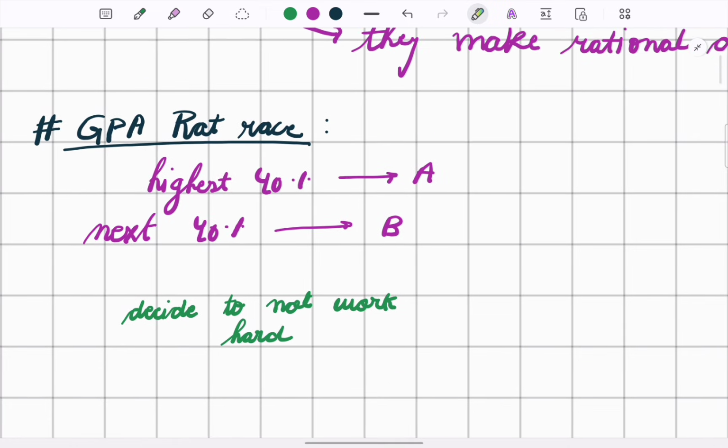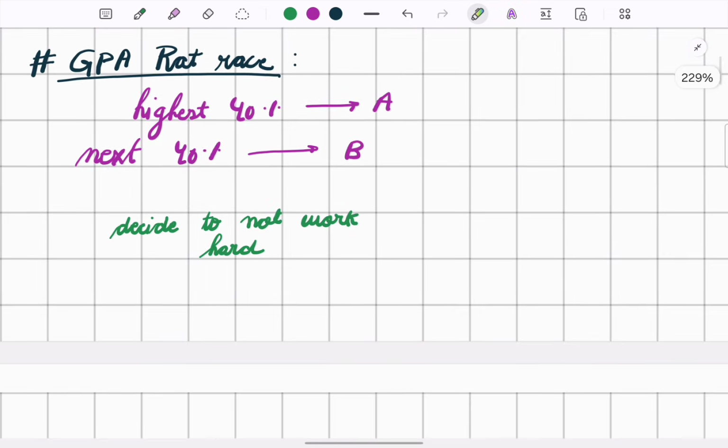For example, you collectively decided that we are not going to work hard, we all are going to score low marks. Even by scoring low marks, we can have a grade A and we can enjoy and chill. But whenever an individual goes home, he thinks that even if I work a little harder, I can be the highest scorer and make my probability of getting the A grade the highest. So he will go home and study well so that he can be the highest scorer and secure his position among these 40% students.